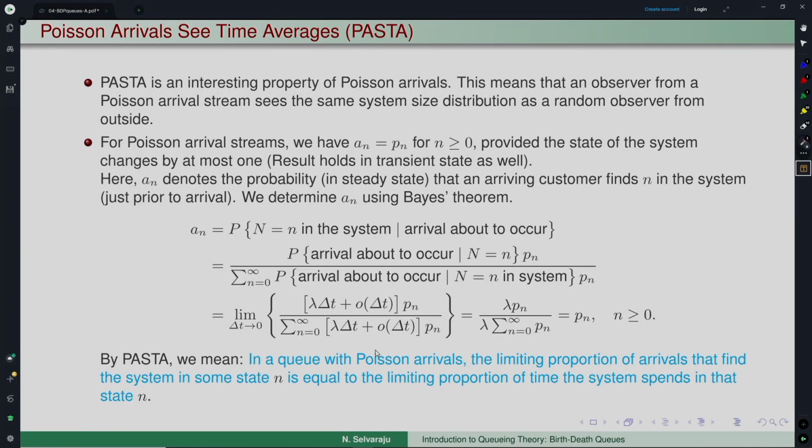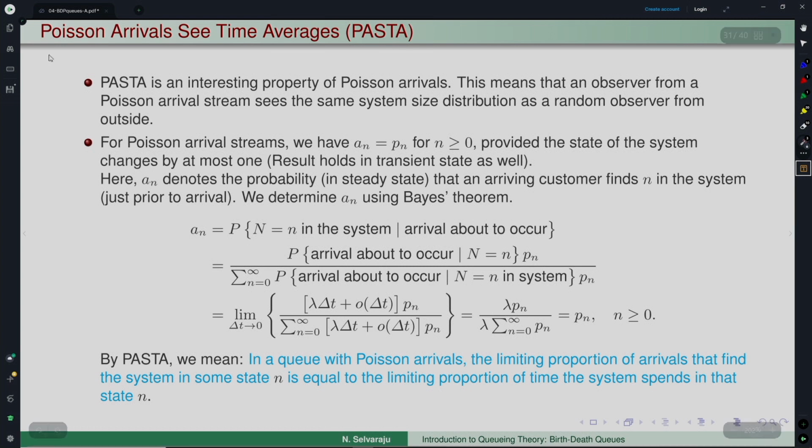Okay. Now, we will see some more on the waiting time distribution in equilibrium, but before we do, queuing systems with Poisson arrivals have an interesting property which we will use quite often in all our analysis.